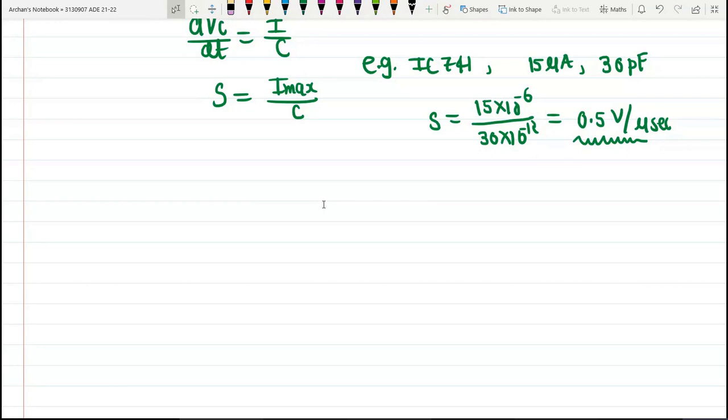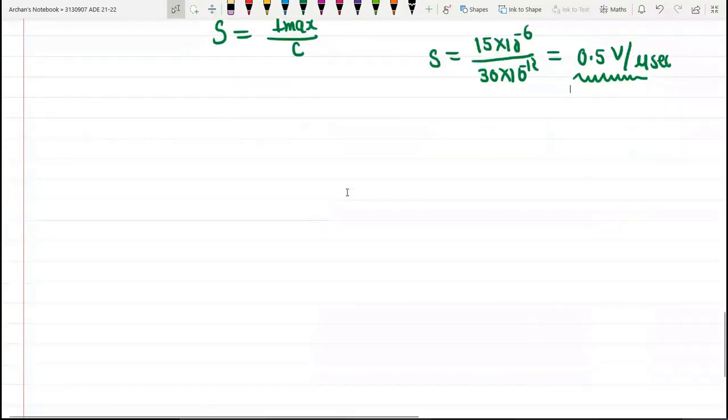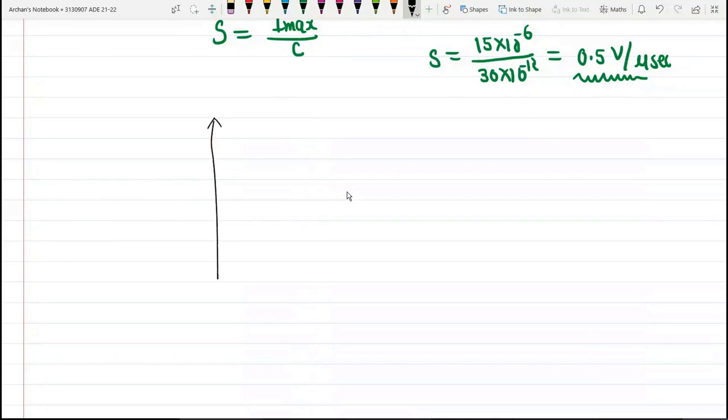Okay, so we are considering this case, and consider that we have the input as a square wave. Okay, not the sinusoidal one, but we are applying the input signal in terms of some square wave.